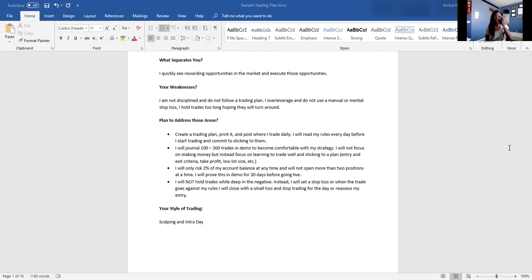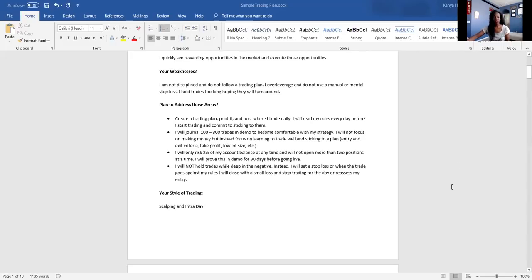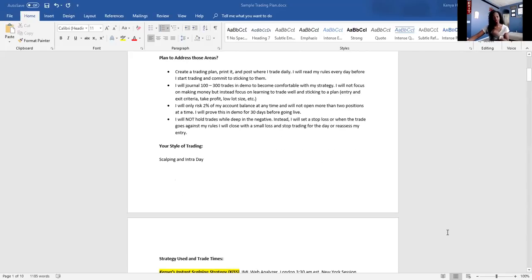All these different things are pretty common with a lot of new traders especially. So identify your weaknesses and start working towards solutions on how you are going to solve those problems you're having. People who write things down, I'm telling you, it really makes a difference when you see it, and not only see it, but you execute on it and work at it. So make sure you definitely incorporate that and start working at it.